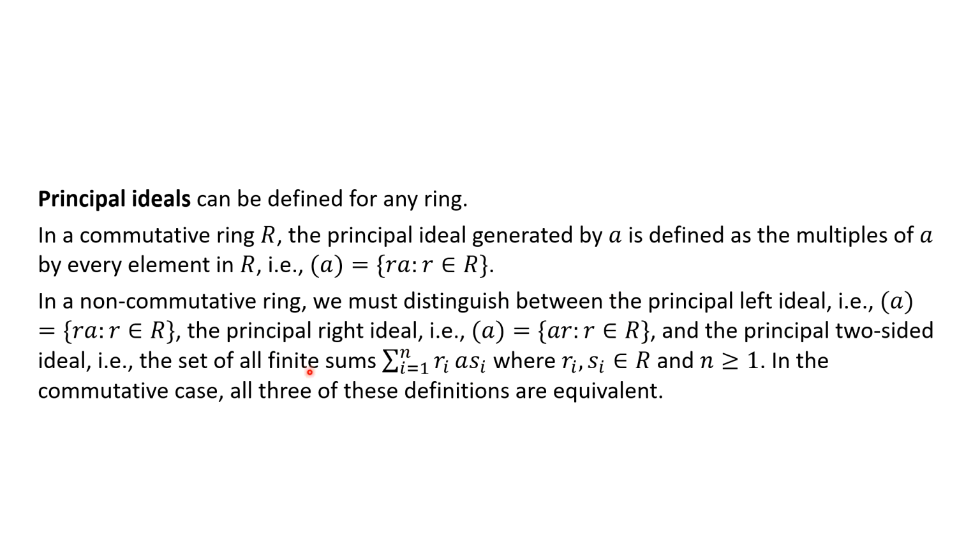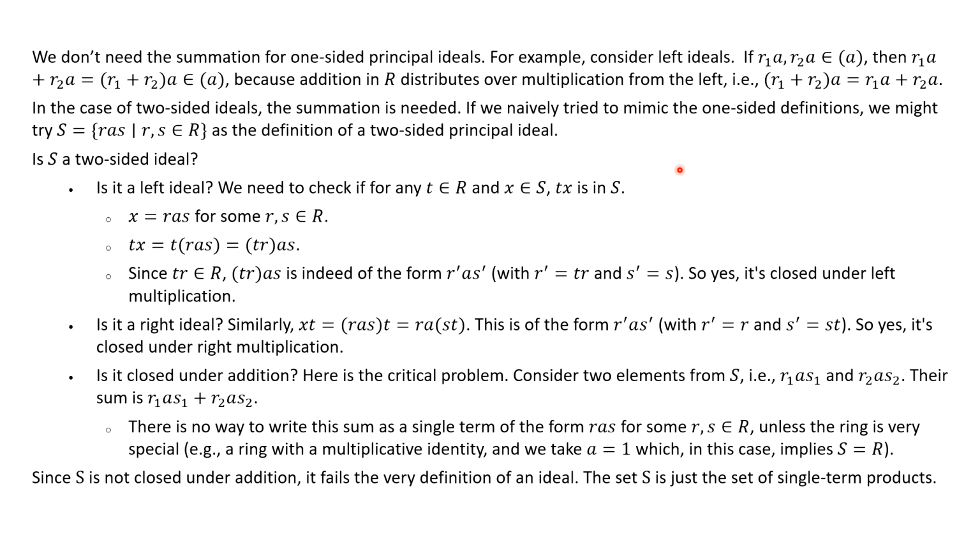In the case of a non-commutative ring, on this slide I'm going to explain the definition for a two-sided principal ideal. But first, let me explain why we don't need any type of summation in the one-sided case. For example, consider left ideals.